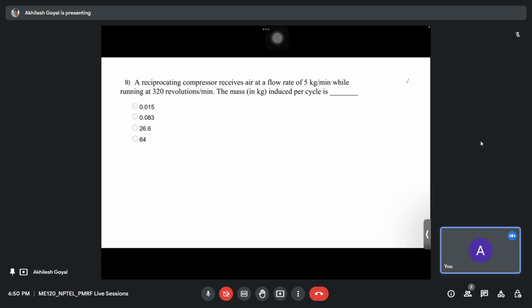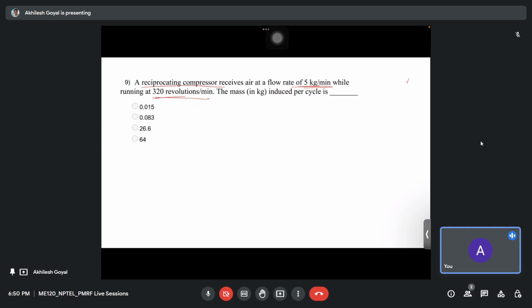So this next one is, a reciprocating compressor receives air at a mass flow rate of 5 kg per minute, and is running at 320 revolutions per minute. The mass induced per cycle is?